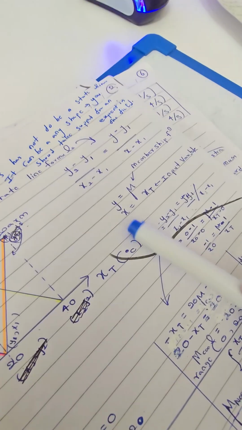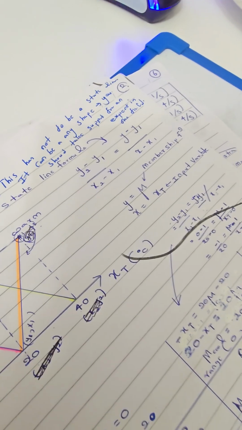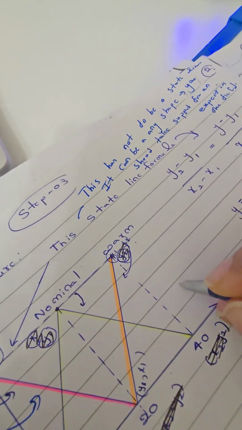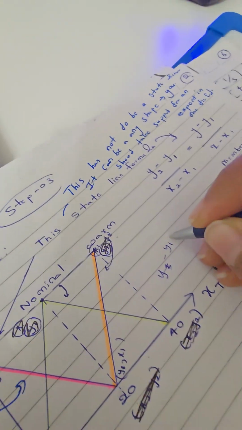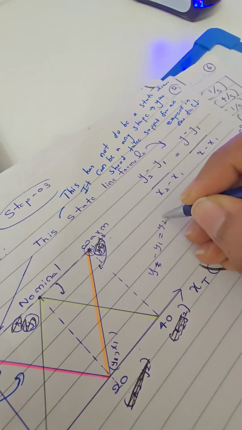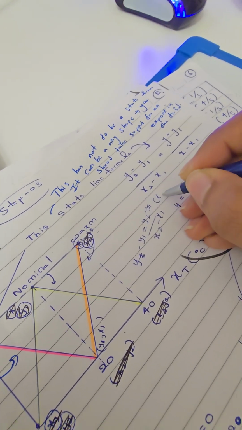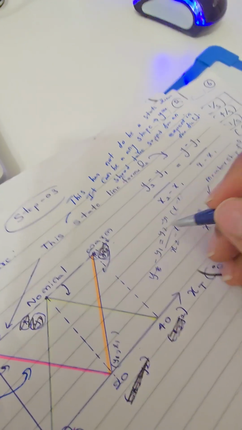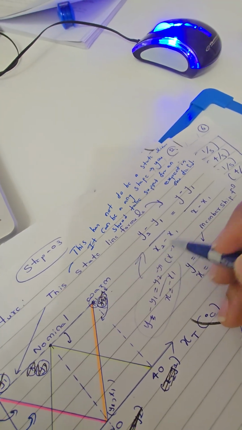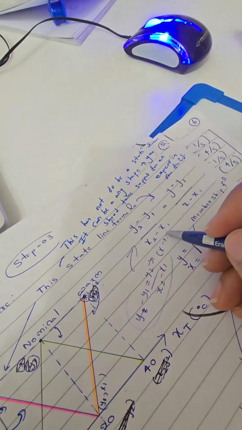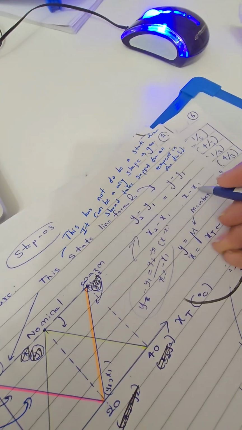When we know 2 points on it, normally we can write it as y minus y1 equal to (y2 minus y1) divided by (x2 minus x1) into (x minus x1). When it simplifies, we can write it as (y2 minus y1) divided by (x2 minus x1) equal to (y minus y1) divided by (x minus x1).